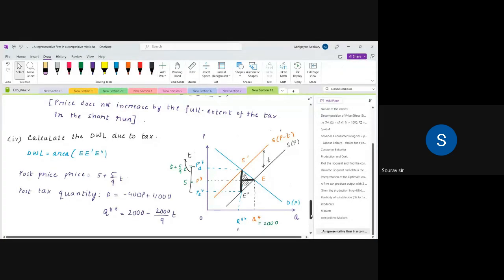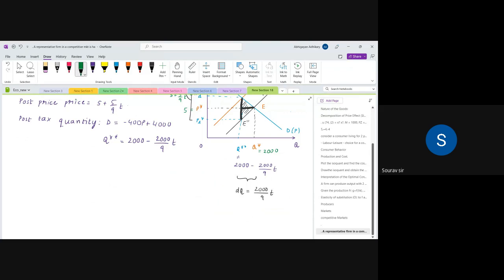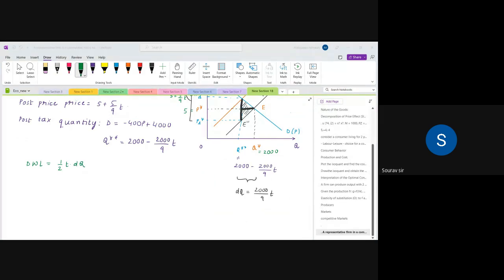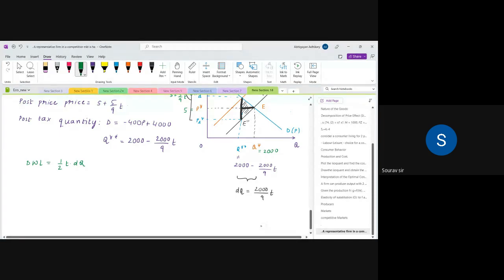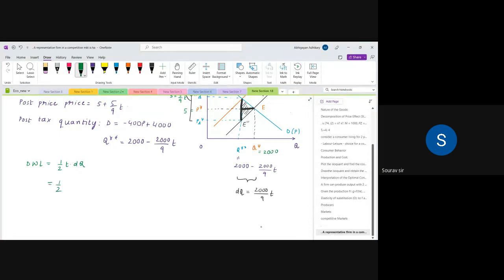All right. You all can just remember it in this way. I usually remember it: the deadweight loss is basically half into T into DQ. The base is the difference in the prices, which is the per unit rate of tax, and DQ is the change in quantity. Is this making sense to all of you? Any questions? So half into T into DQ. Now you can just substitute it out.